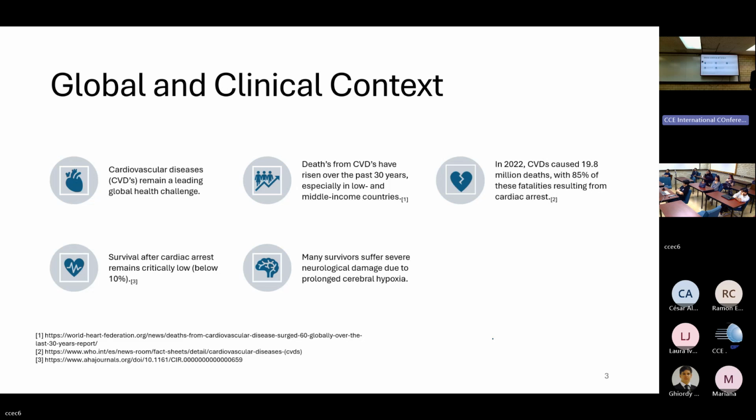Cardiovascular diseases have been the leading cause of death in the world, and it didn't change during the pandemic. Even with or without the pandemic, cardiovascular diseases have increased, and it was not exactly because of the pandemic.